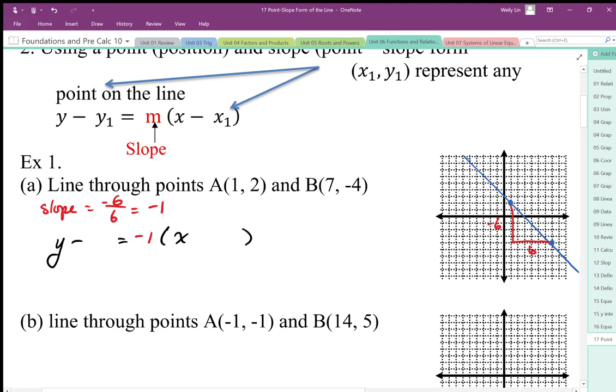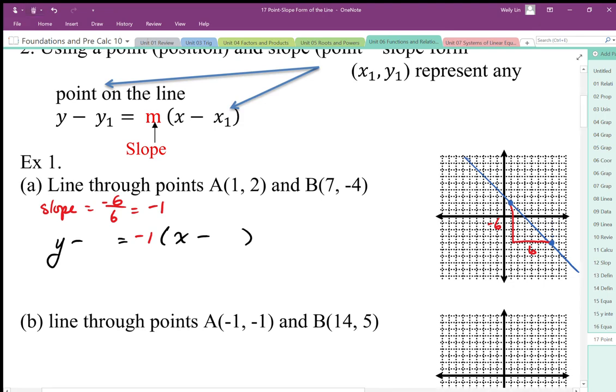And as long as this x1 and y1 is a coordinate pair on this graph, it doesn't matter which we use, because any point on that line with the slope will describe this specific line.